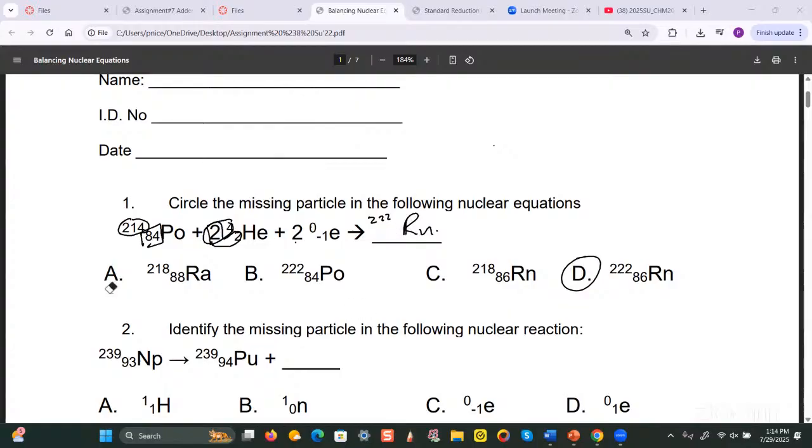This is not right. What's the error I made? It should be 86. Why should it be 86? Exactly. Thank you. So that's a mistake I made. So this should be 86, which means that the answer is what I just circled. Yeah. All right. Okay. Any questions about this?